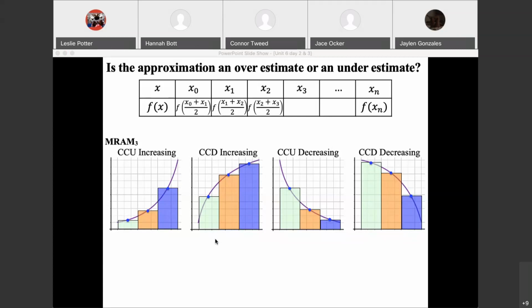Okay, so what do you think? Which one's an over, which one's an under? Is it hard to tell? It's hard to tell. We don't usually ask you these type of questions for an MRAM for that reason.